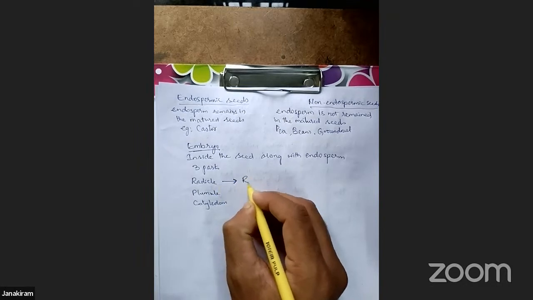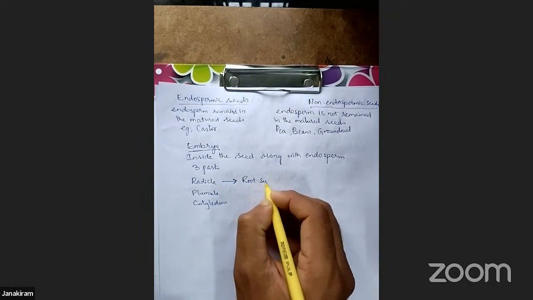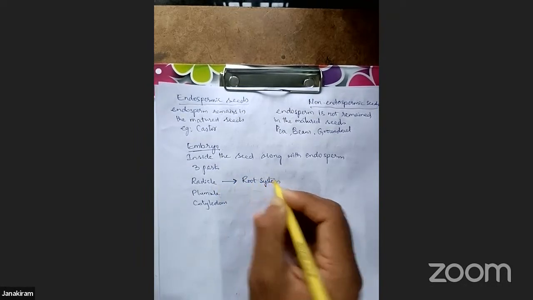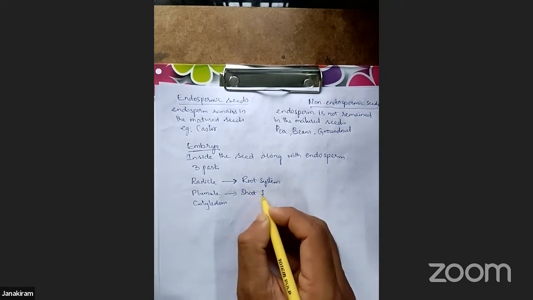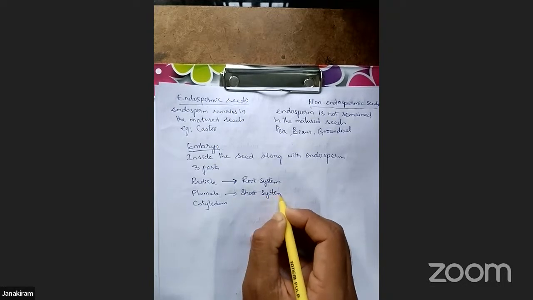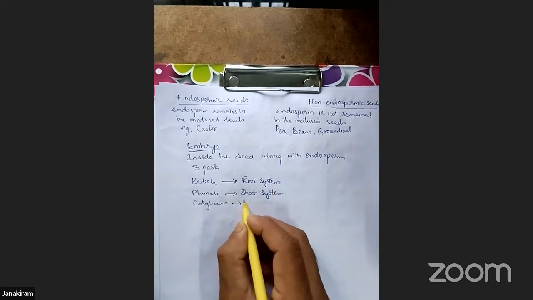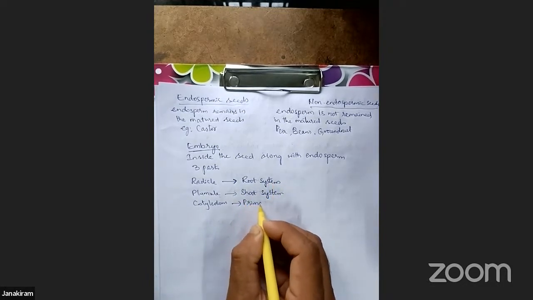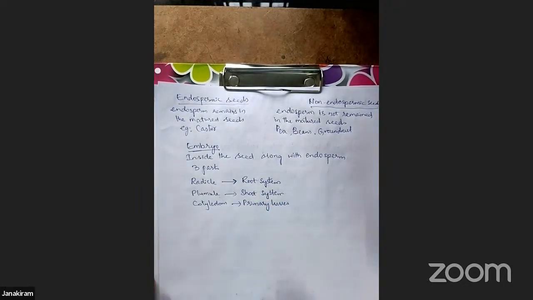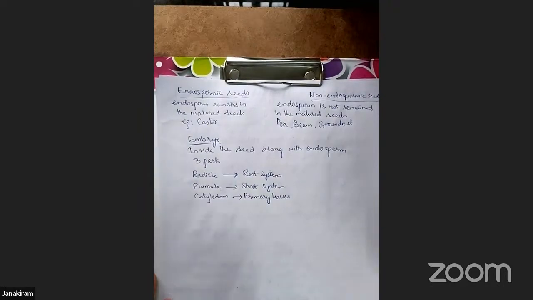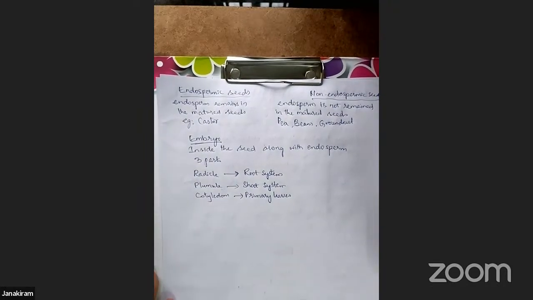So radicle will give rise to the root system of the plant, plumule will give rise to the shoot system, and the cotyledons will give rise to the primary leaves, the first formal leaves, which provide nutrition to the developing root system.